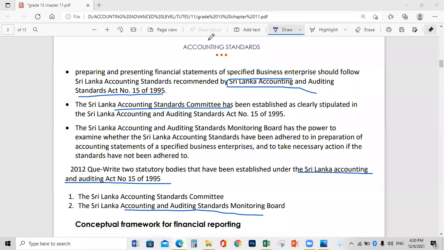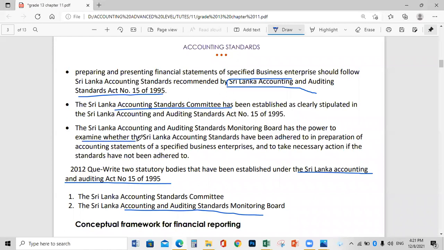Guys, just giving the standard is not enough. For example, if I just give the standards and do not monitor whether they are actually following them, that is not enough, right? Do you know whether they will actually follow it? Because of that, there is a board called the monitoring board. What will this board do?